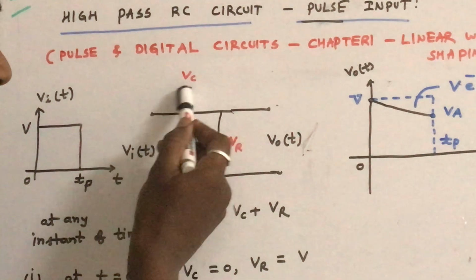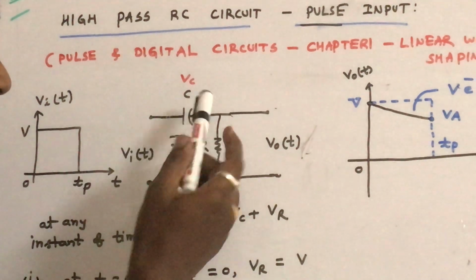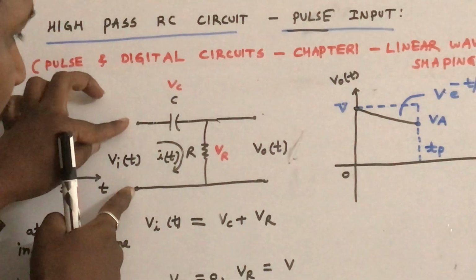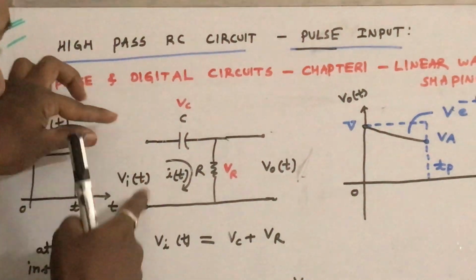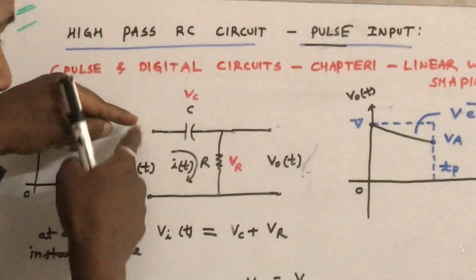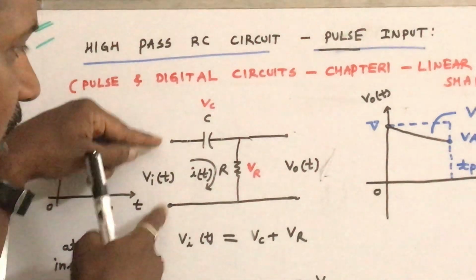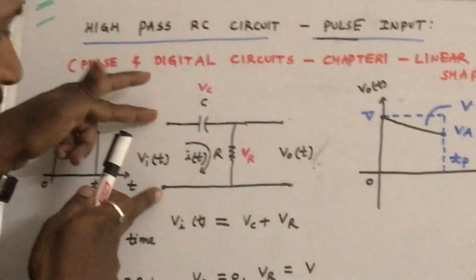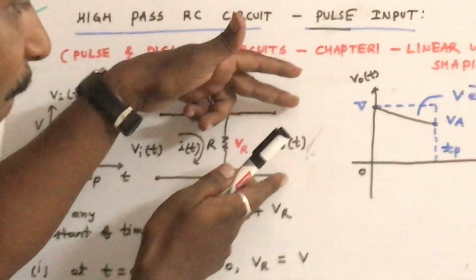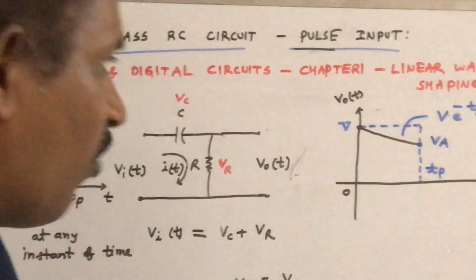Since the capacitor will not allow sudden changes in voltage, this entire change of V volts must appear across the resistor. So that is what we will draw.